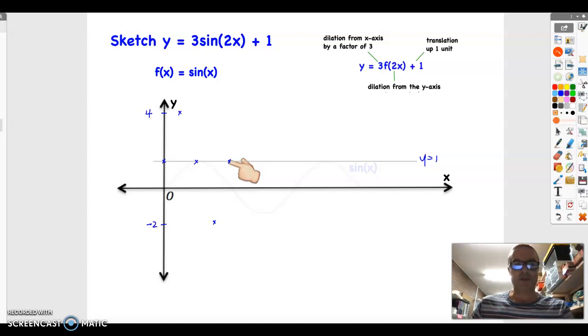And we've also got a dilation by a factor of 3. That's going to give us the distance between that line and the maximum, or that line and the minimum. So if my translation is positive 1, that imaginary line is going to be 1 unit above the x-axis. I can see that my dilation is going to be 3 units above and below that line.